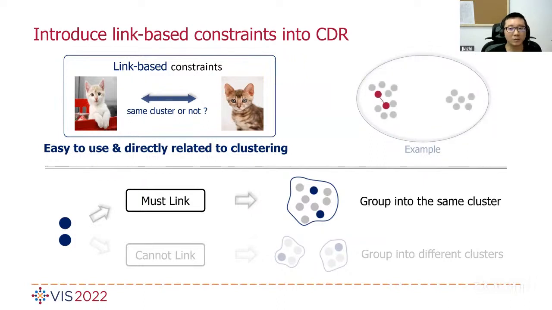The learning-based framework and the positive and negative pairs-based contrasting constraints give us an opportunity to elegantly incorporate pair-based interaction into our embedding framework. Users can specify the must link and cannot link to steer the cluster, which are very popular in interactive cluster analysis.